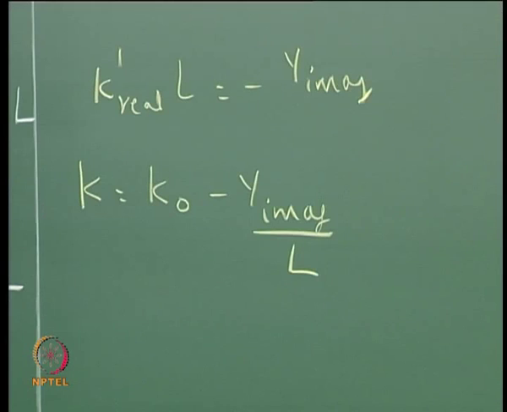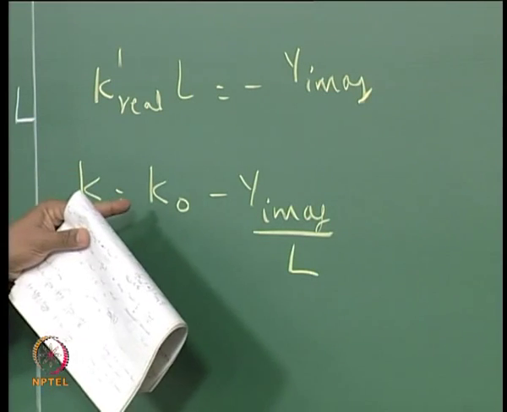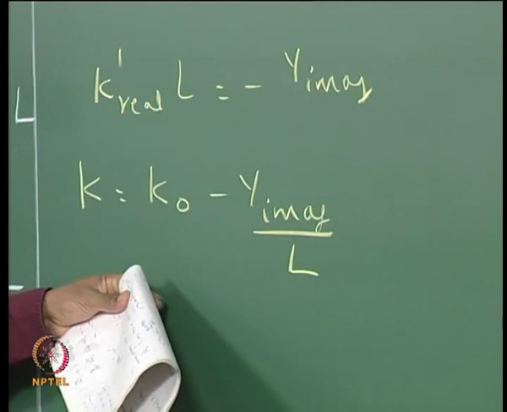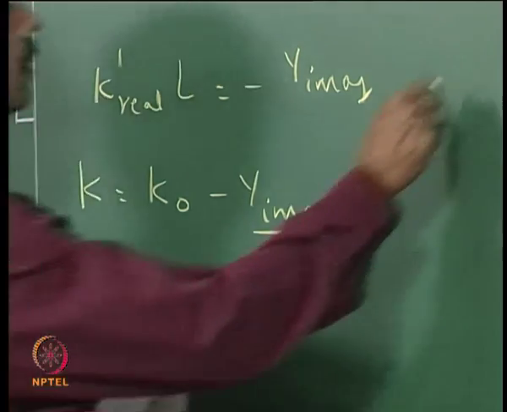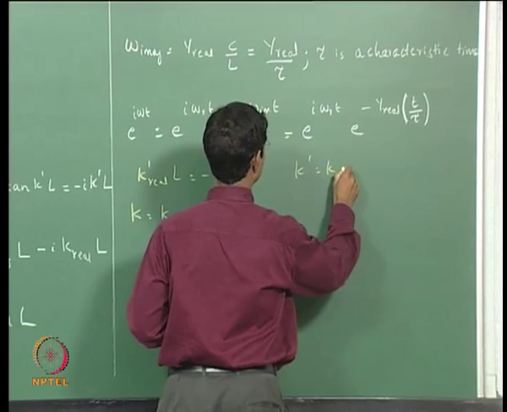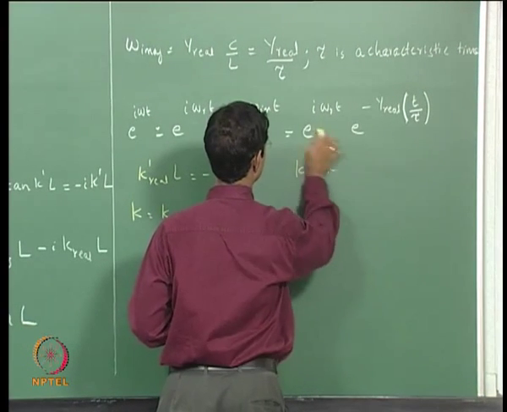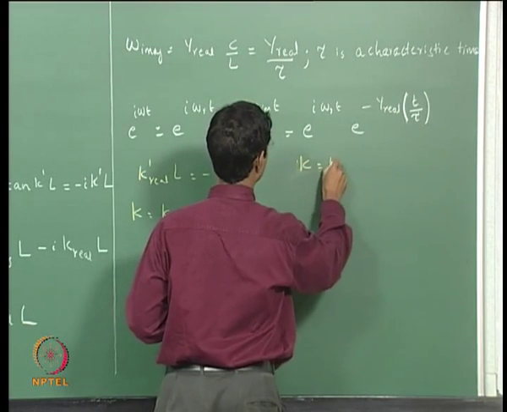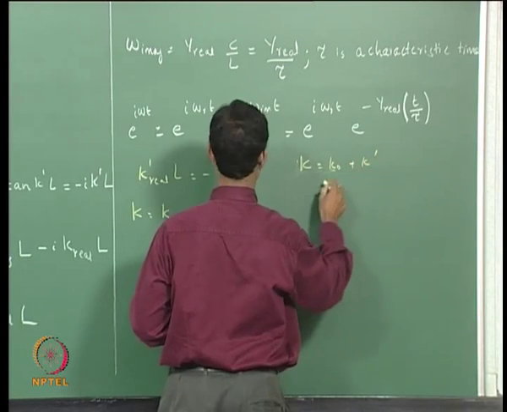This k prime is k minus k naught. So I can bring the k naught to the other side, right? k equal to k naught plus k prime.